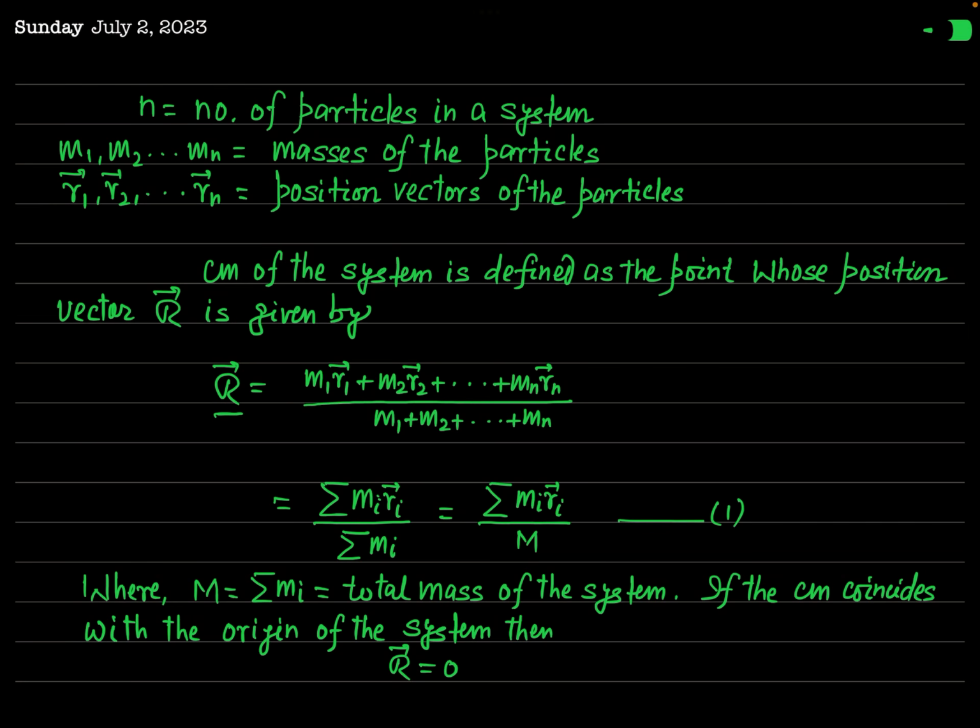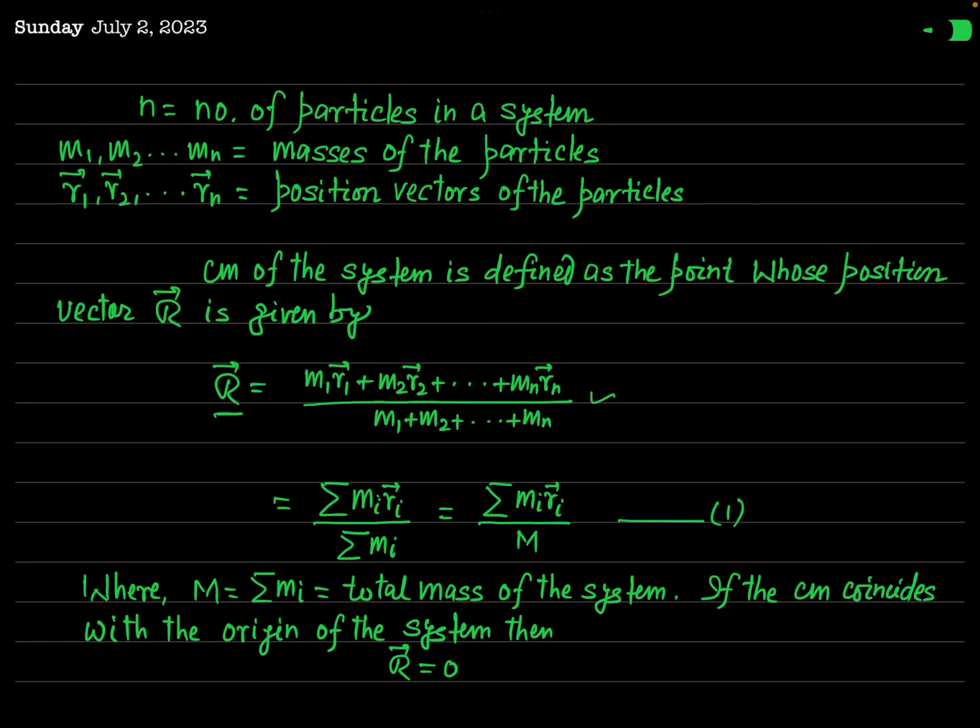Then R is defined like this: m1 times r1 plus m2 times r2 plus so on plus mn times rn, divided by m1 plus m2 plus so on plus mn. In brief, by the use of the summation sign, you can write this as summation mi ri divided by summation mi.